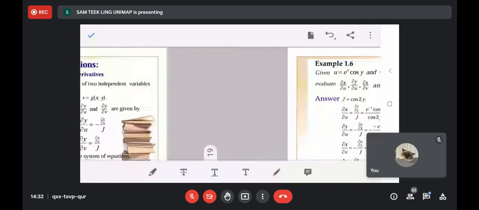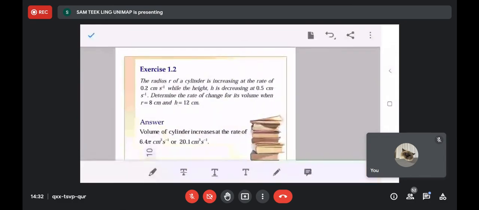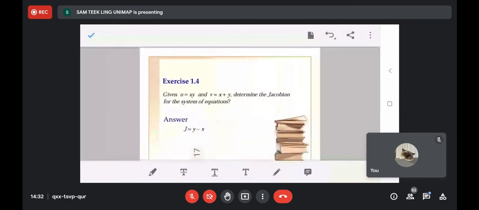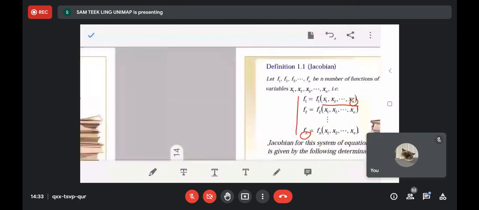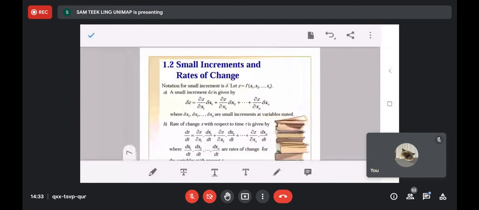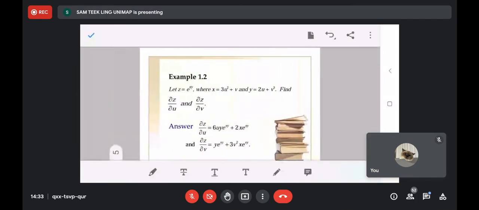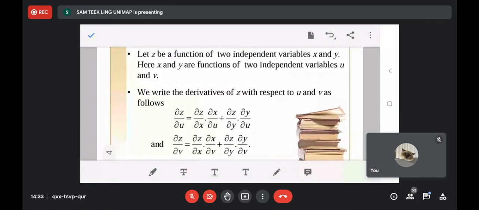Then you can see the chain rule before. So this one is the chain rule, the starting one.